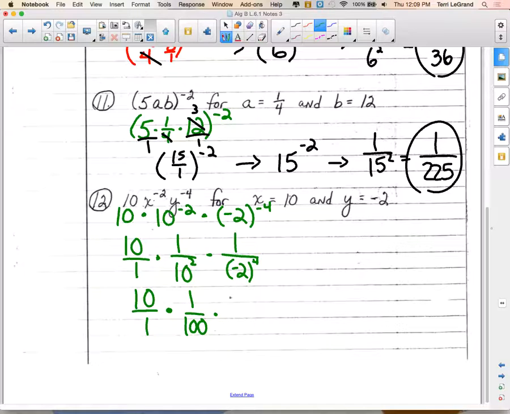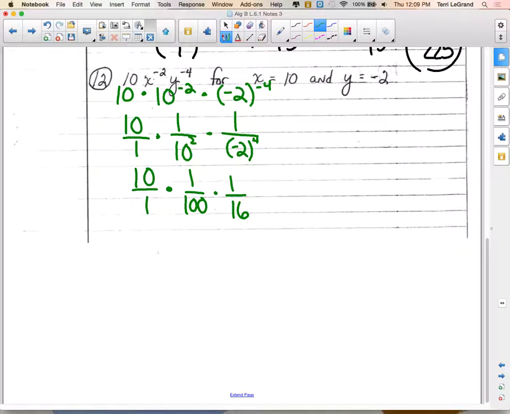What's negative 2 to the 4th power? A negative, an even number of times, becomes a positive, and 2 to the 4th is 16. Okay? This might be a good one to just multiply across and simplify at the end.